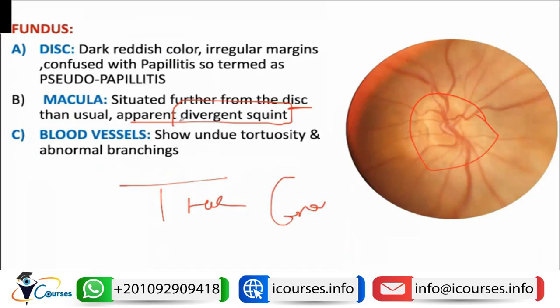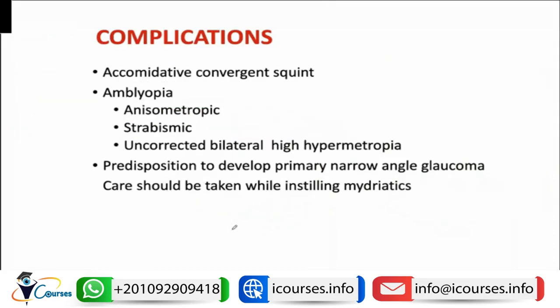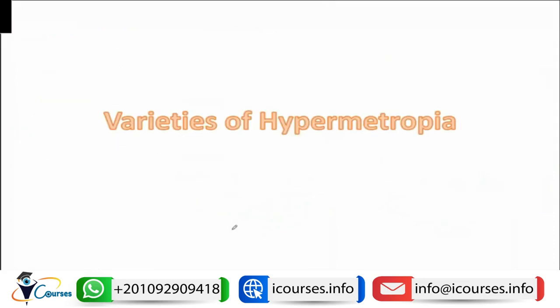Myopia can give apparent convergent squint due to small angle alpha and true divergent squint due to lack of accommodation. The reverse occurs in hypermetropia. There will be apparent divergent squint due to large angle alpha, and there can be true convergent squint due to excessive accommodation, as we can see.